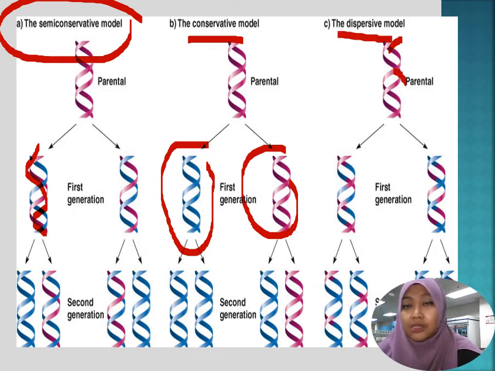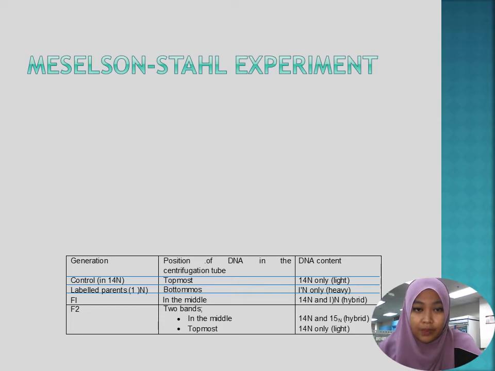All these three models are possible, but Watson and Crick found that we humans are using the semi-conservative model because it is more reliable, through their experiment and research. So our DNA is actually a semi-conservative model.